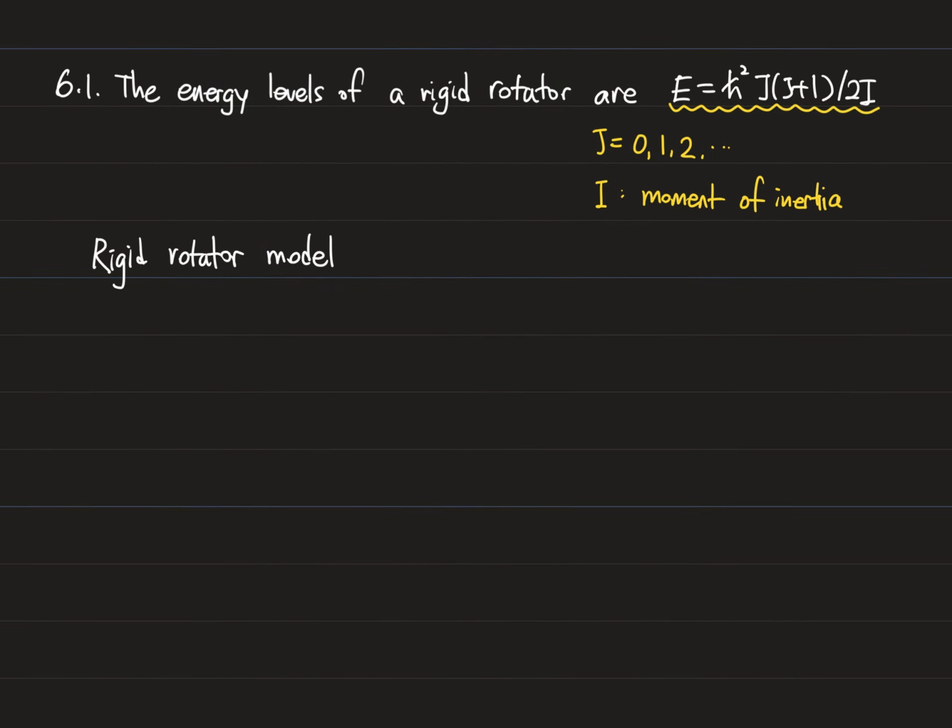It looks very similar to the previous diatom model. There are two masses: the first one with mass M1 and the second one with mass M2. The distance between them is L. We can always determine the position of the center of mass. So let's assume the center of mass is placed here.